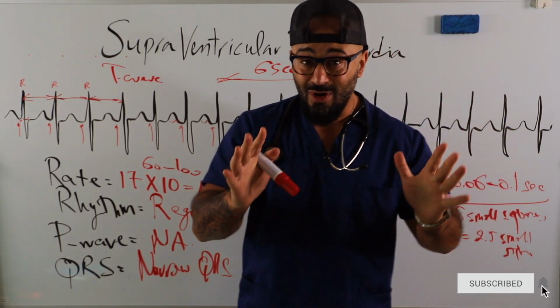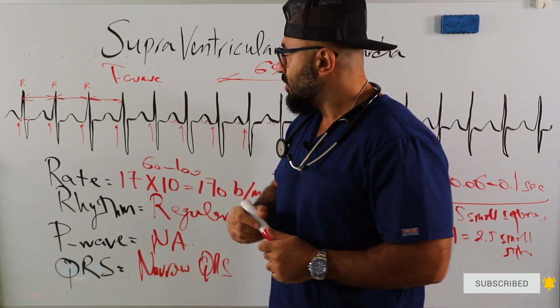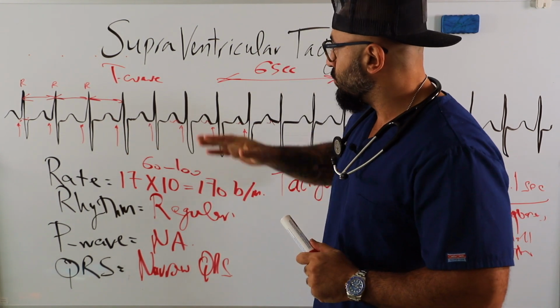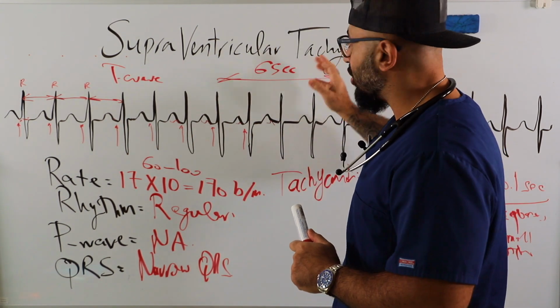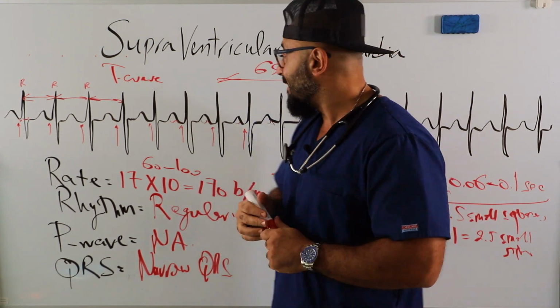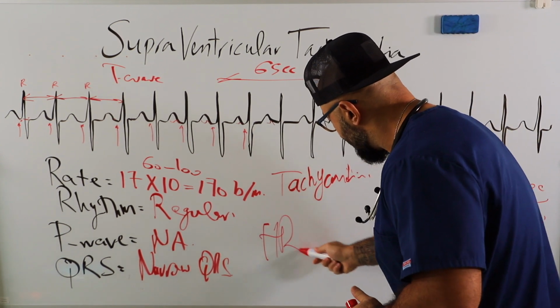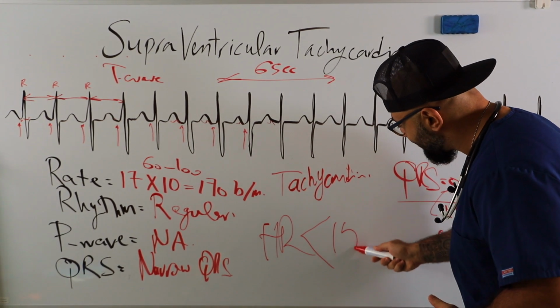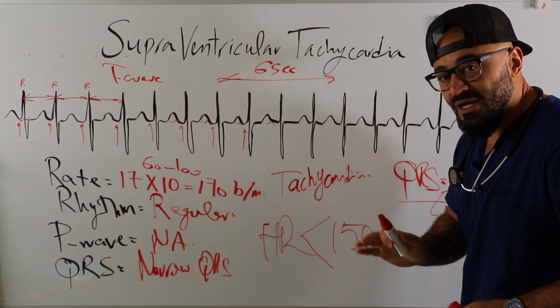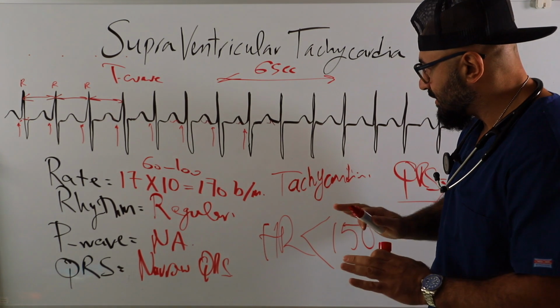All right, if you have questions, hey, what's the difference? I'm going to tell you the one single difference, actually two differences, between supraventricular tachycardia and a regular tachycardia, which was the question that one of my students asked me today. If the heart rate is below 150, then you've got to think about regular tachycardia.